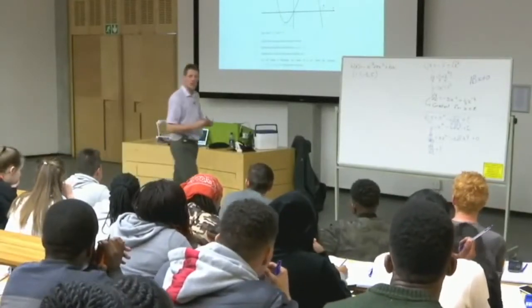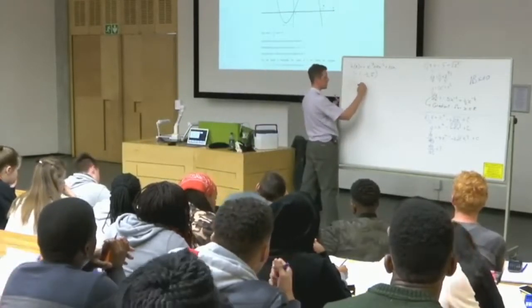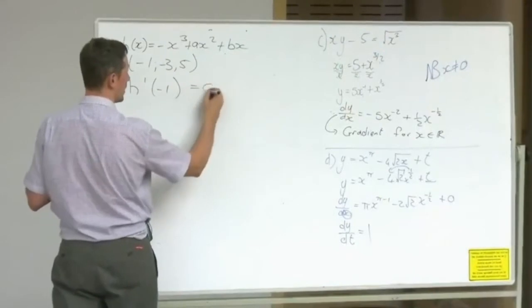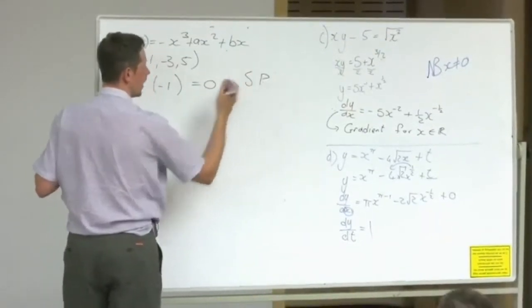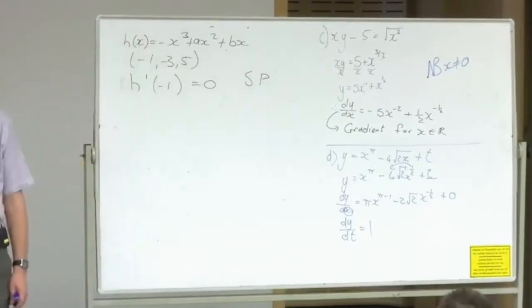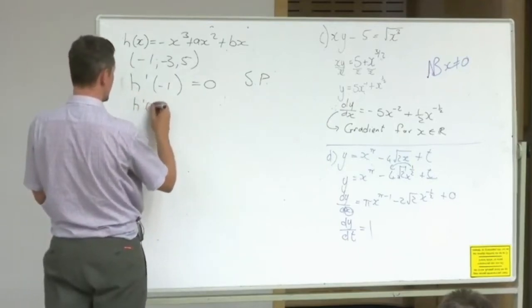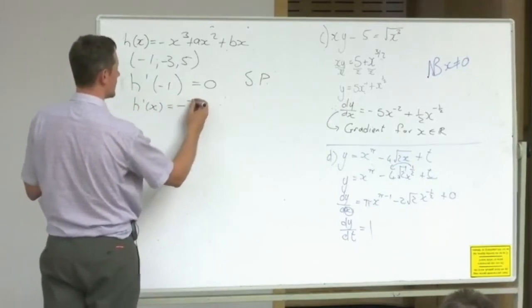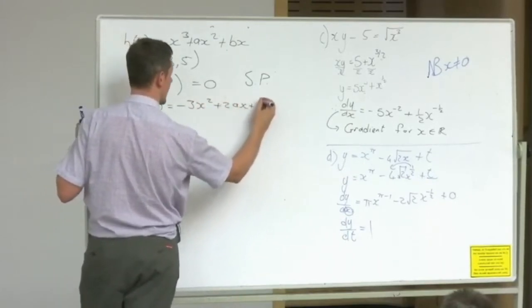I'm going to say that h prime of negative 1 is equal to 0 because it is a stationary point. Everyone's all right with that? So in other words, if I look at h prime of x, it's negative 3x squared plus 2ax plus b.